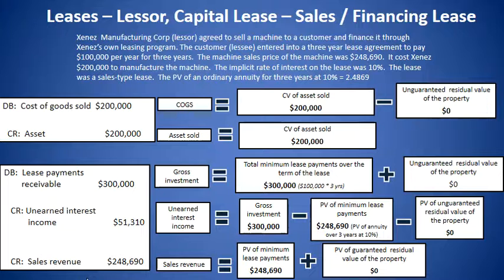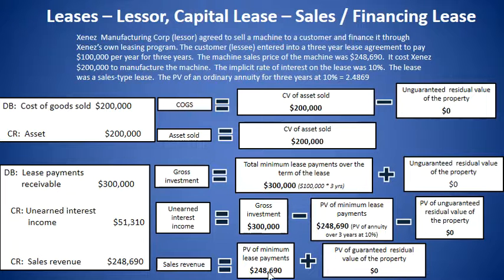The last item is the sales revenue, which is basically the selling price of the asset. And the sales revenue is equal to the present value of the minimum lease payments, which are, again, $248,690. And we had calculated that previously to calculate the unearned interest income.